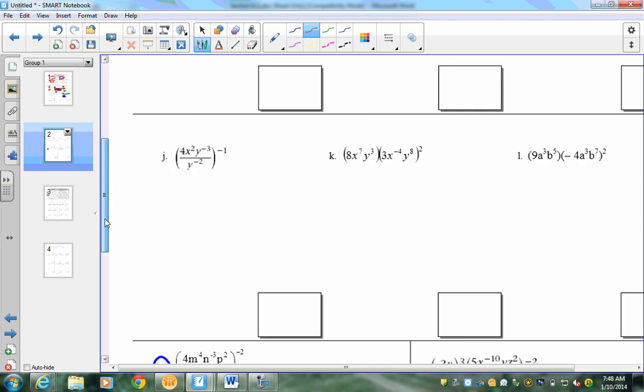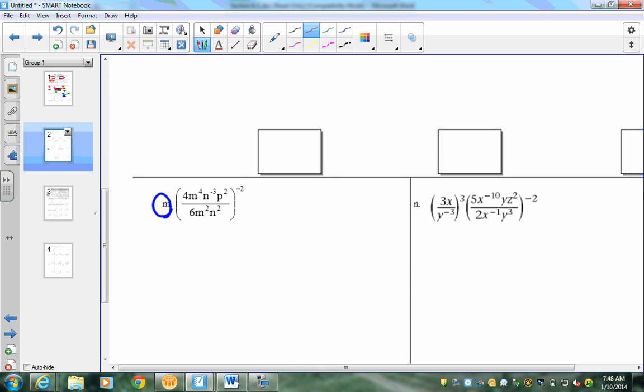So we are now going to distribute this -2 to every single exponent that is written inside this parenthesis. Now the thing to pay attention to is, remember, this 4 has an unseen exponent of 1, and this 6 has an unseen exponent of 1 as well. So once again, I'm taking this -2 and distributing it to every single exponent in this fraction here.